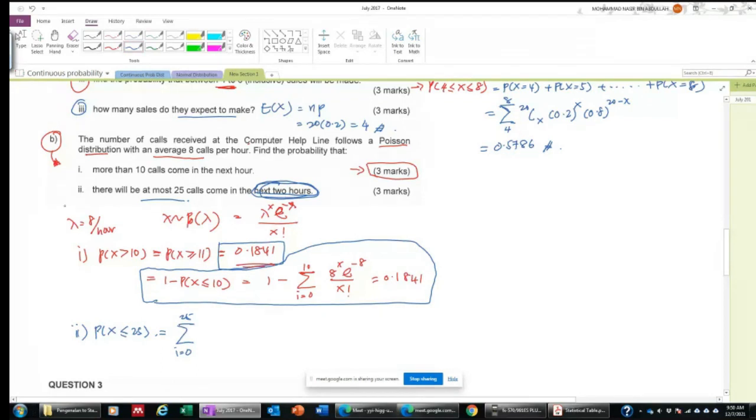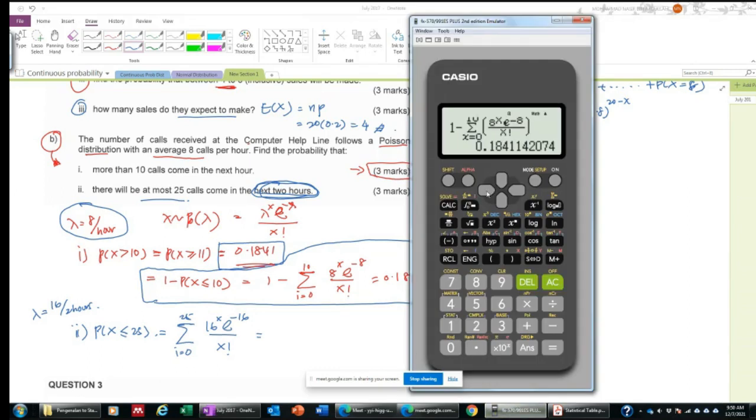Next 2 hours means that this lambda of 8 is for 1 hour. For the next 2 hours, it should be 16. So this one should be 16 power of X, exponential negative 16, divided by X factorial. So you just key into the calculator.